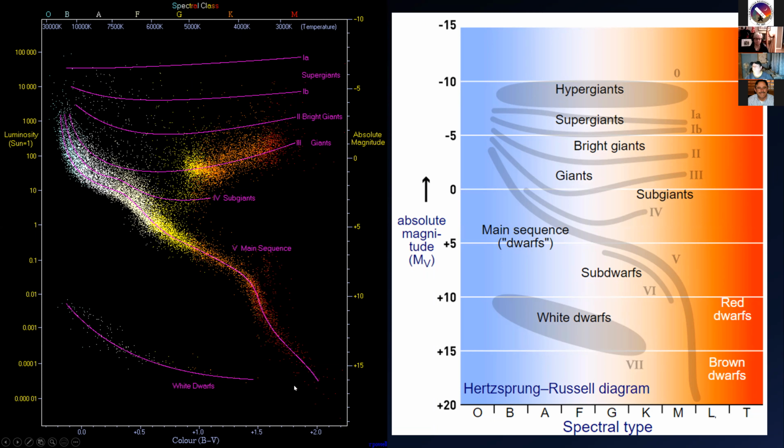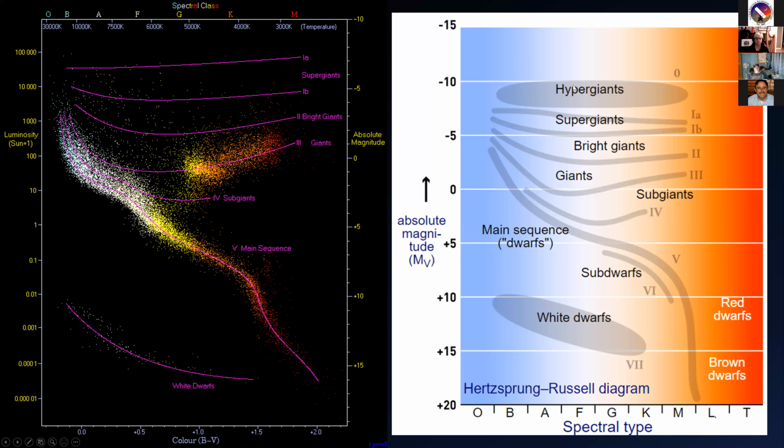If you took all the stars that were cataloged by Fleming and Draper and plotted their relationships into this graph, you get this. It shows the stars and how they change over time: main sequence stars, subgiants, supergiants, and hypergiants, which are over here on the right.